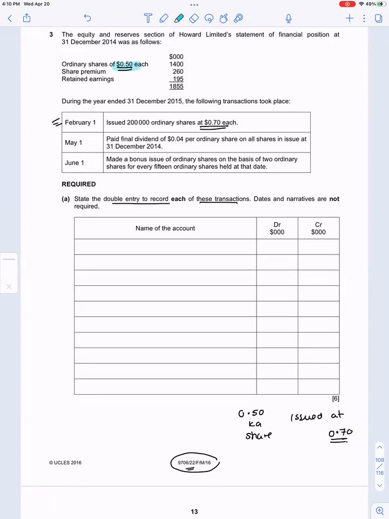And you have issued it at how much? 0.7. That means a 0.5 share is issued at 0.7. Extra amount is for what? Extra amount is for premium.